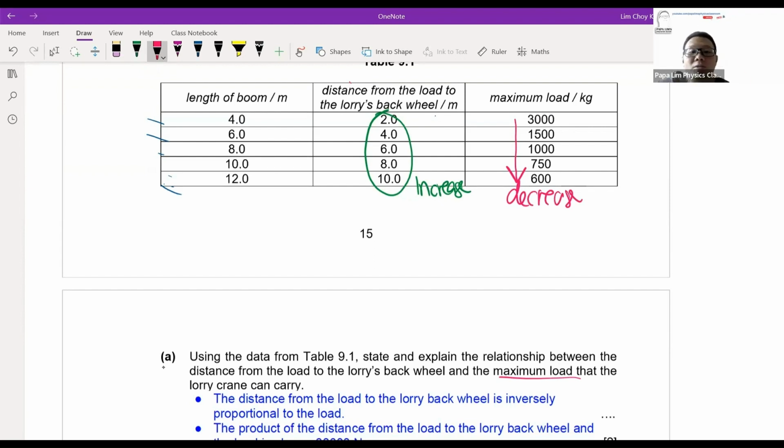So when your load is decreasing, the distance from the load increases. This is what we mean by inverse proportion. The distance is increasing while the load is decreasing, so they are going in 2 different directions. That's what we mean by inverse proportion.